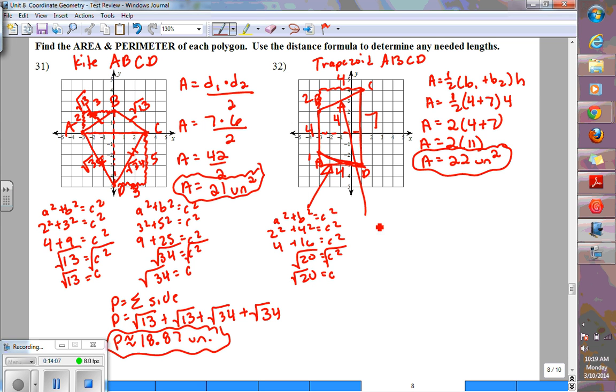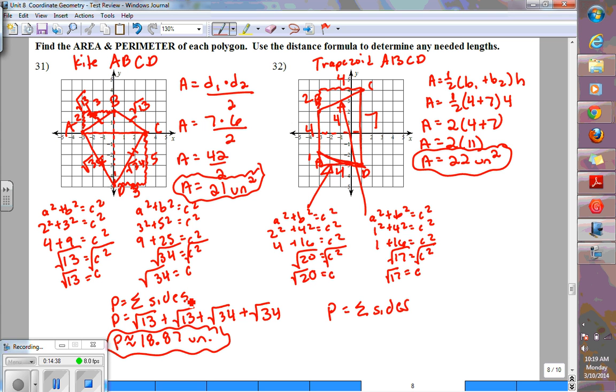C is equal to the square root of 20 on that side. So 1 plus 16 is 17. So the other side is the square root of 17. We don't have to try and simplify our radicals yet. We're just rounding our final answer here.